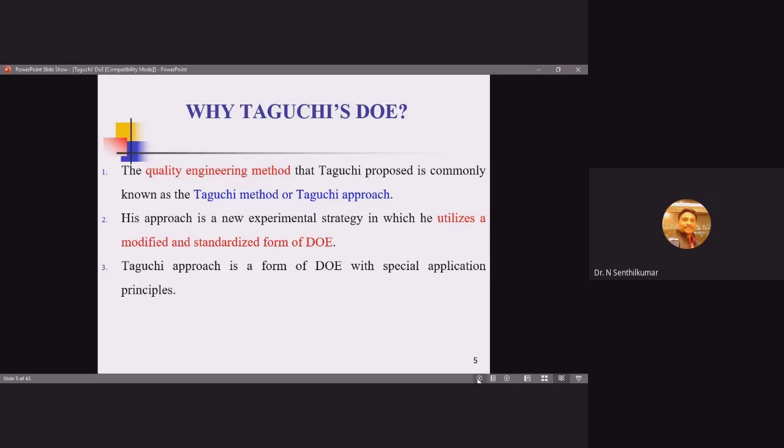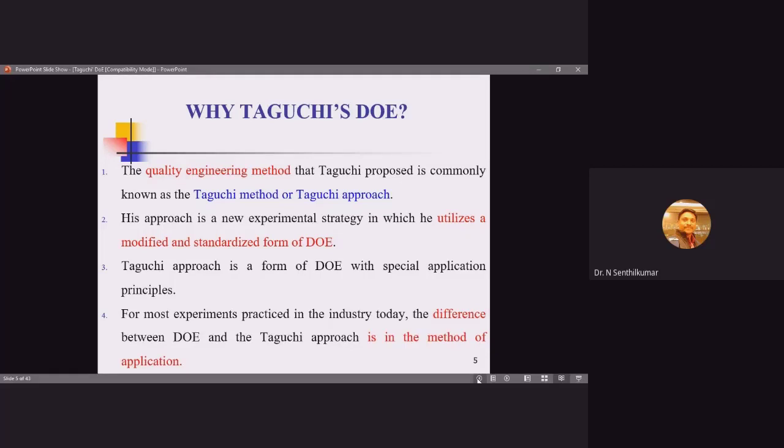Taguchi's DOE will also have some special application principles. The difference between the general DOE and Taguchi's DOE is the method of application. As we have seen, general DOE is only the designing part of experiments. It doesn't have anything about the analysis section. In the analysis, we have to look for other techniques.